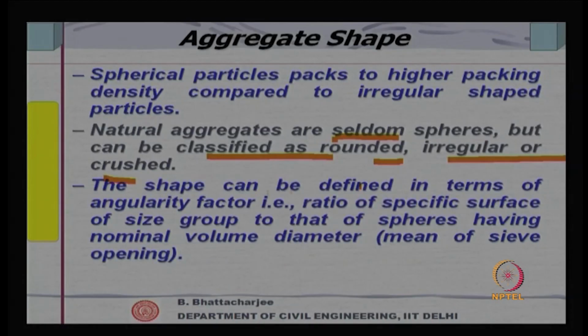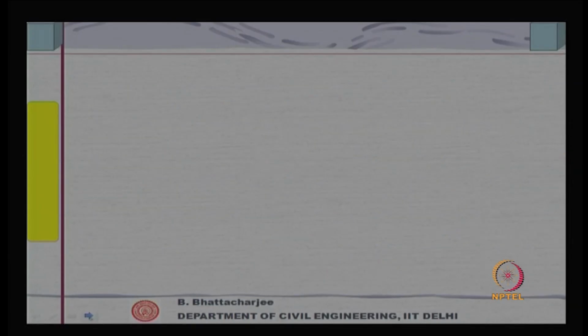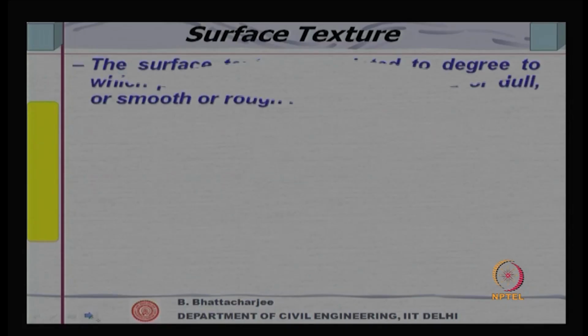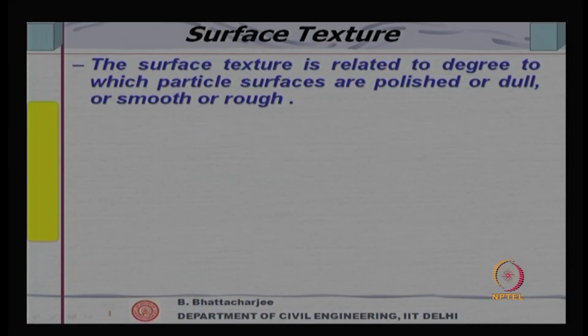The shape can be defined in terms of the angularity factor, that is the ratio of the specific surface of a size group to that of spheres having a diameter equal to the mean of the sieve opening. As we have seen, shape has an important role because packing depends upon the shape, and angularity factor can be used to quantify shapes.